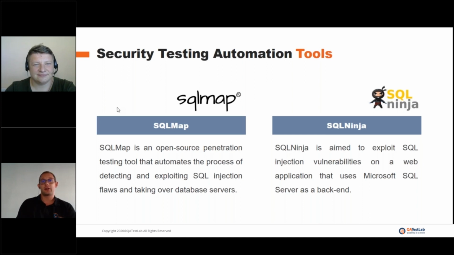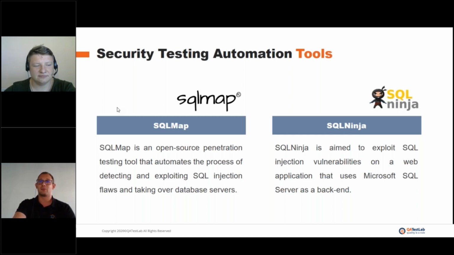I would like to recommend two really useful tools to automate the process of testing. They're really powerful and can be used in a variety of ways. Those are SQL Map and SQL Ninja. SQL Map is an open source penetration testing tool that automates the process of detecting and exploiting SQL injection flaws and taking over database servers.